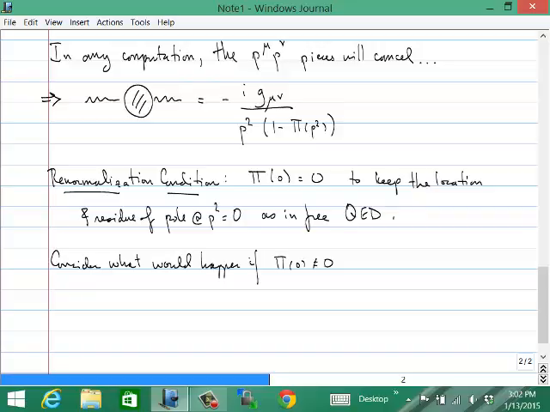What would that mean? Let's just imagine that Pi of 0 is not 0. And then imagine computing, say, electron-electron scattering in quantum electrodynamics, say at very low energy.